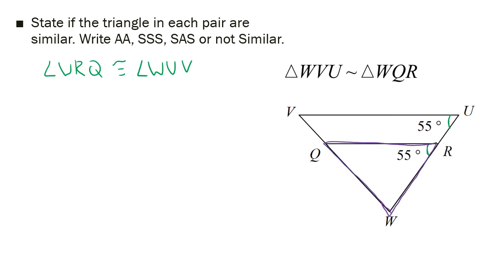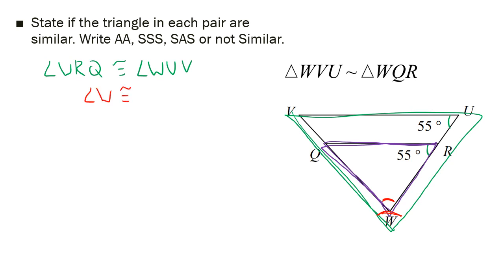There's this smaller triangle here and the larger triangle. Well, they both share angle W. So we know that angle W is congruent to angle W, which fits the theorem AA. So we know these two triangles are similar because of angle, angle.